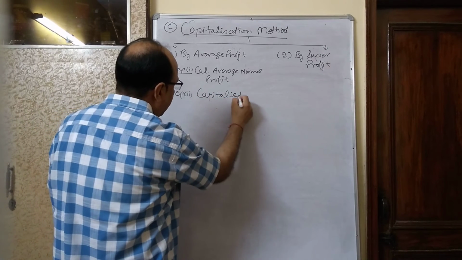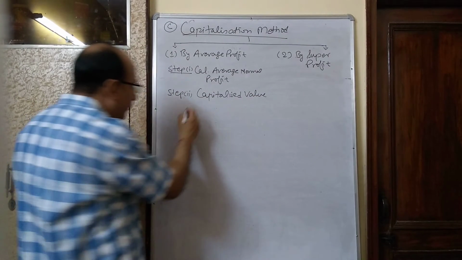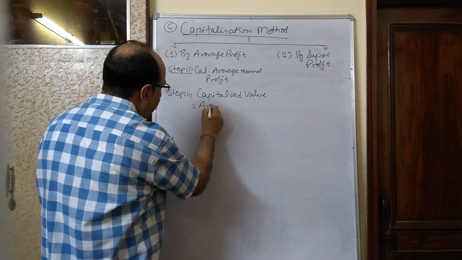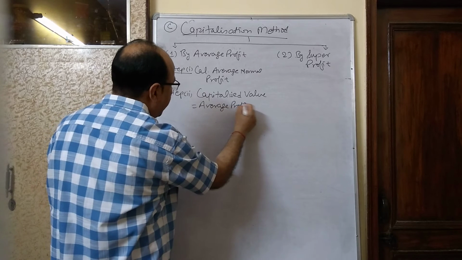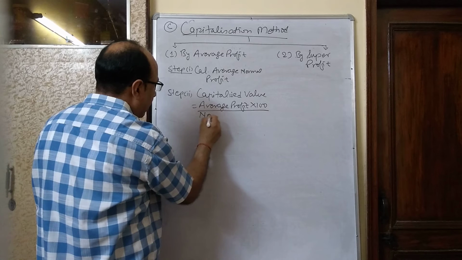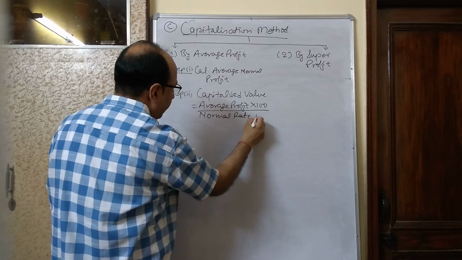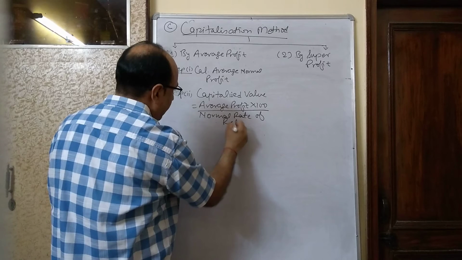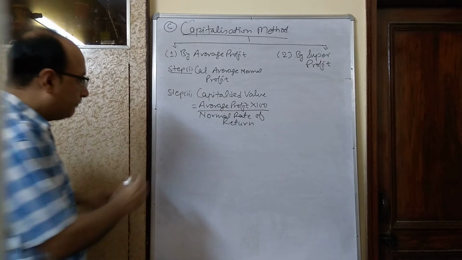What is the formula for the capitalized value? It will be average profit into 100 upon normal rate of return.